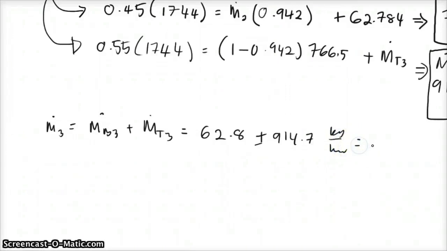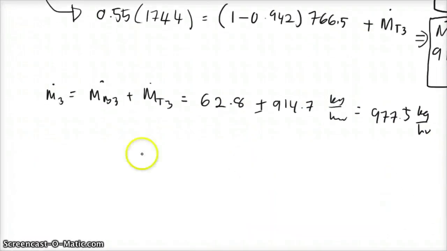So in total, M3 is 977.5 kilogram per hour. That's correct. That's good. And now is to find the mass fraction.